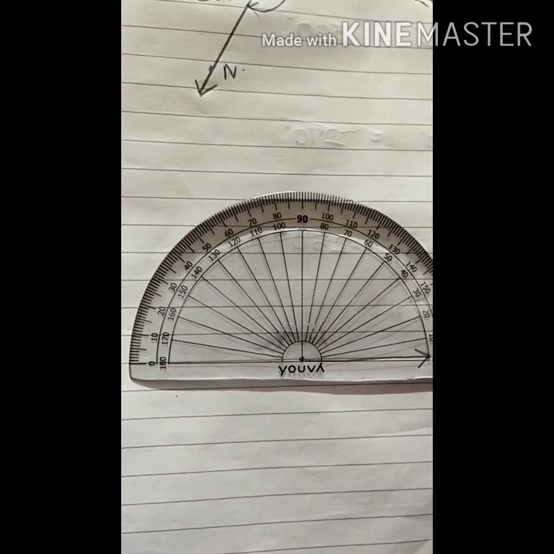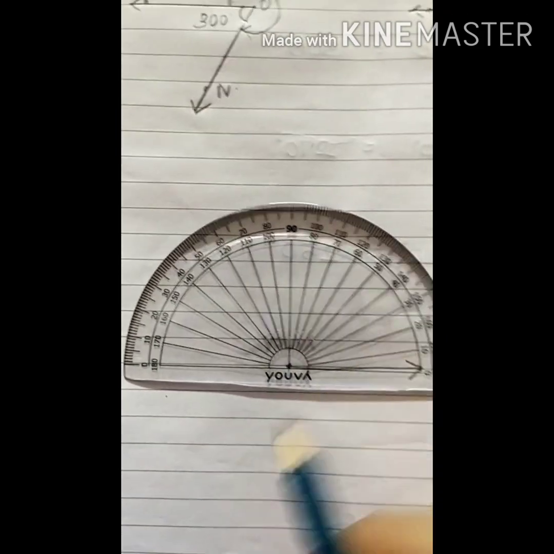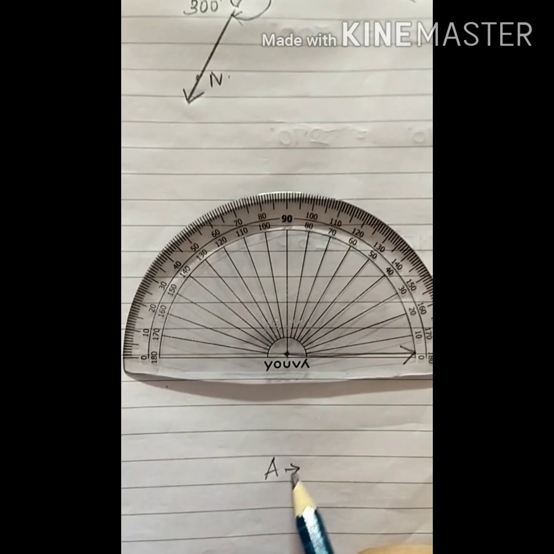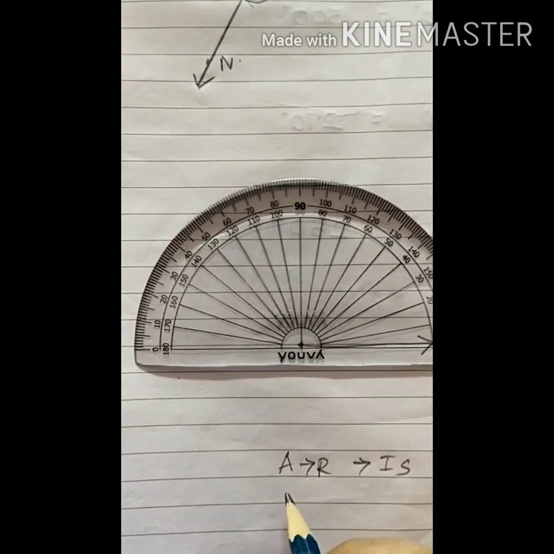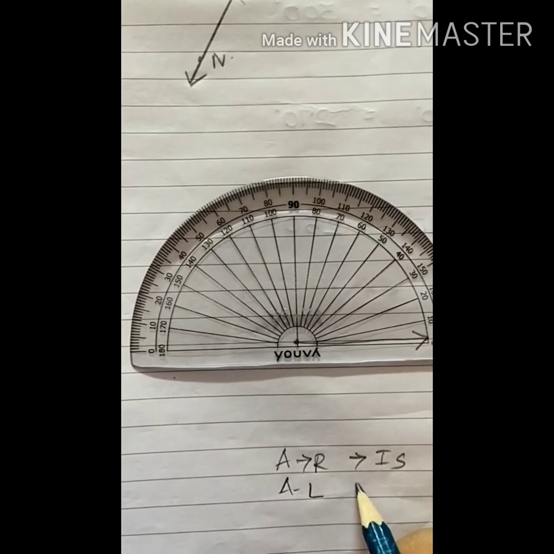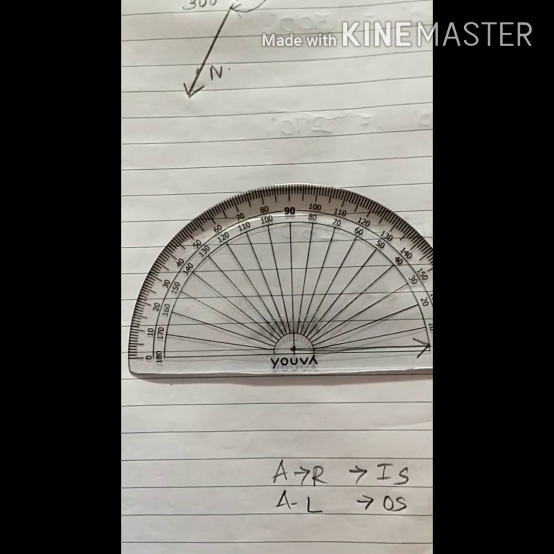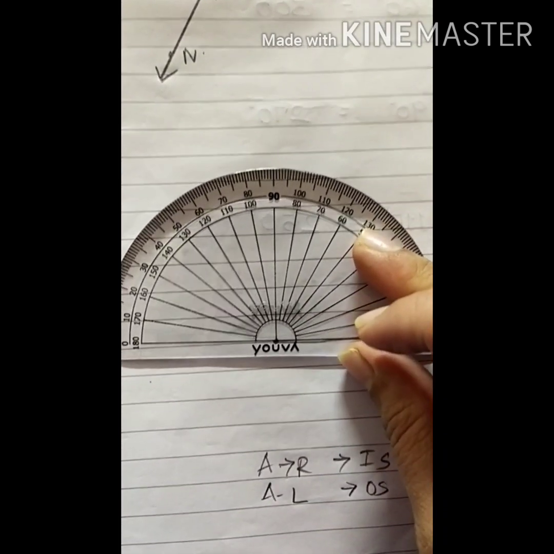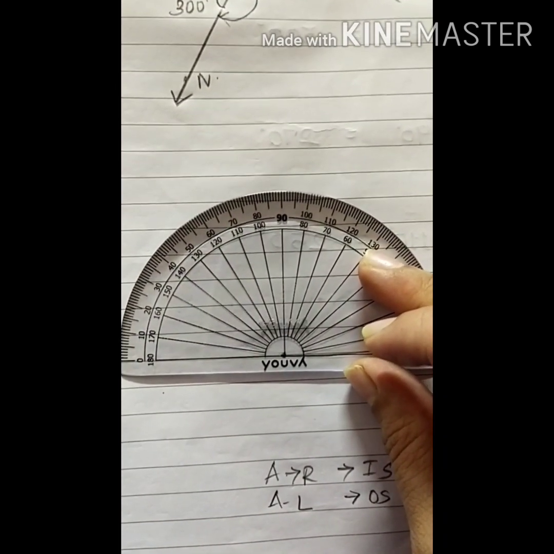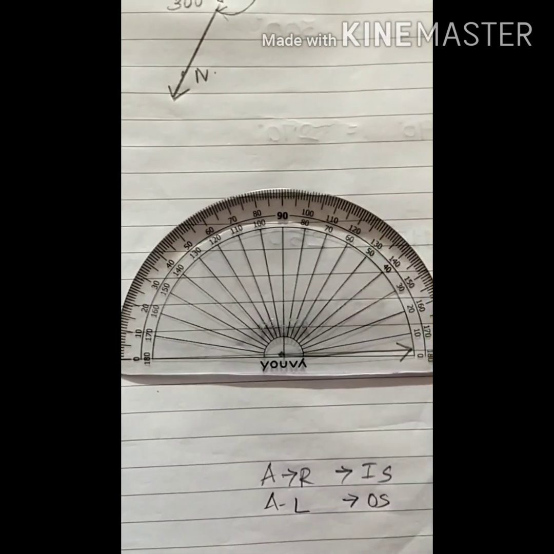If it is the arrow to the right side, you will be taking the inner scale, and if it is an arrow to the left side, we will be taking the outer scale. So now my arrow is to the right side and the coinciding 0 is with the inner scale.